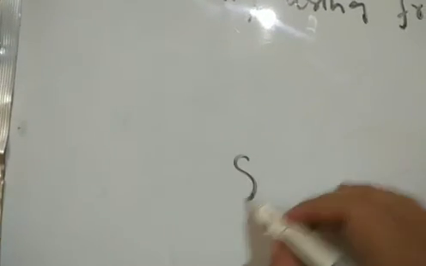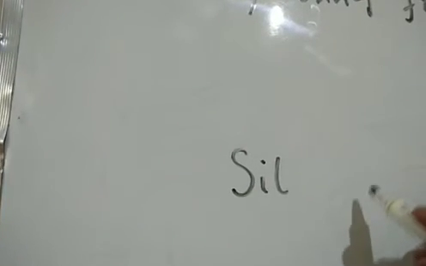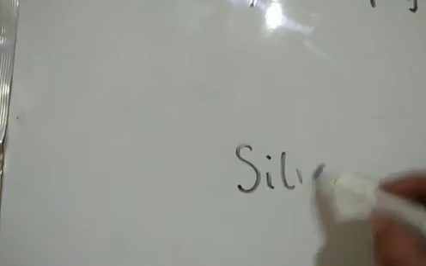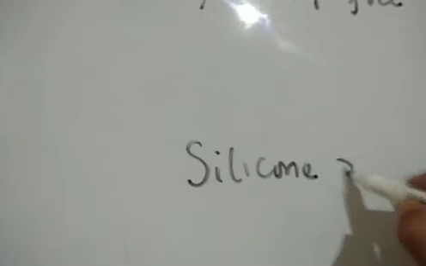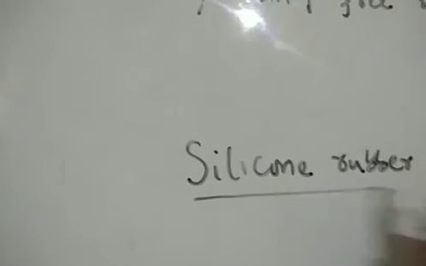So what this benzoyl peroxide does, if we have a rubber called silicone rubber. One quality of rubber, an inorganic polymer, that is silicone rubber. I'll just show the basic framework.